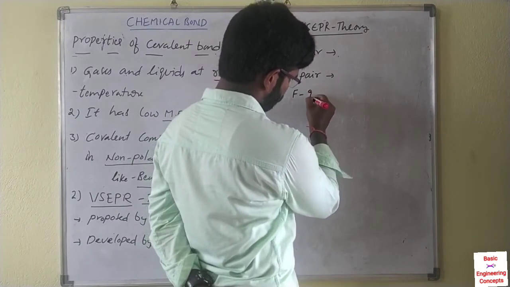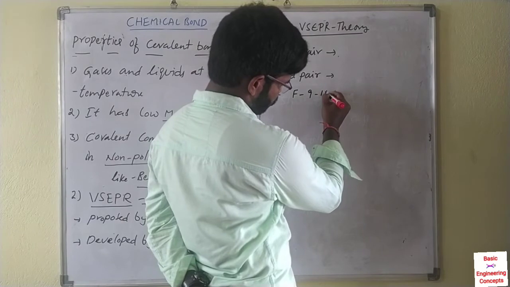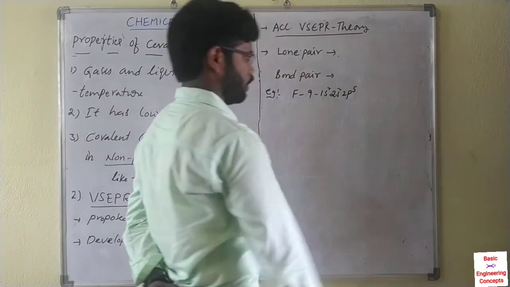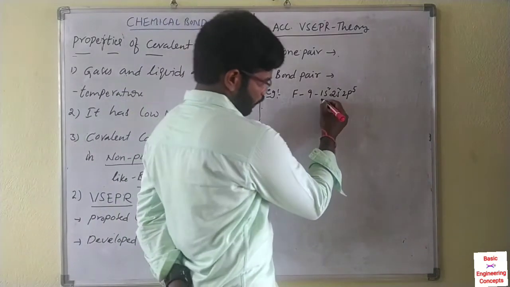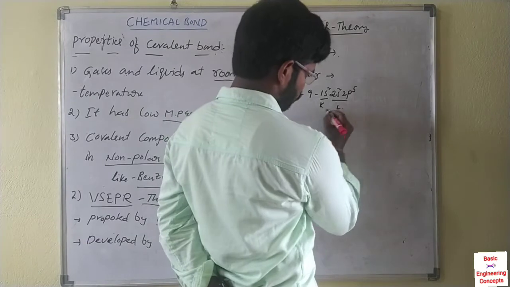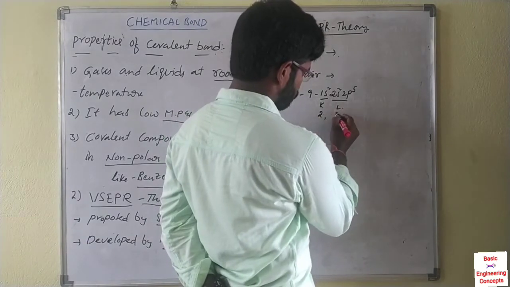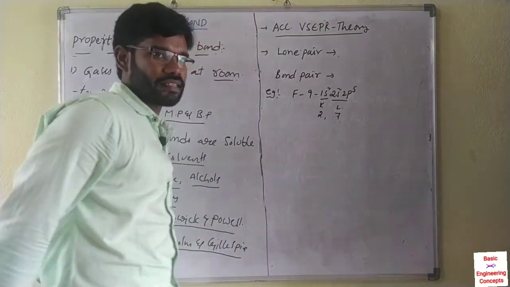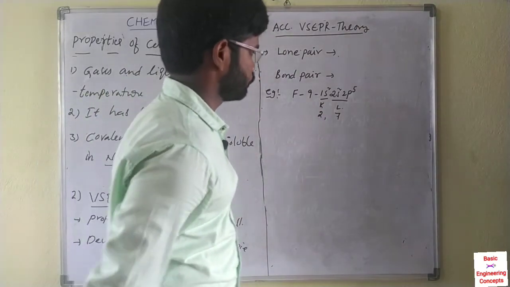Its atomic number is 9, configuration 1s2, 2s2, 2p5. This is K shell, L shell, meaning 2, 7. K shell has 2 electrons, L shell has 7 electrons.